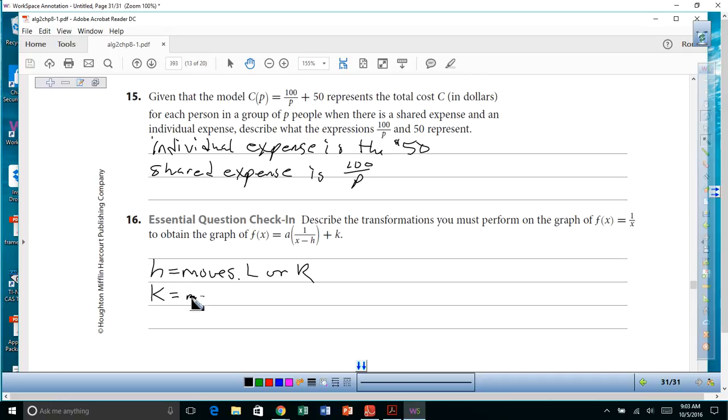K moves up or down, depending on its sign. And then a is a vertical compression or stretch.